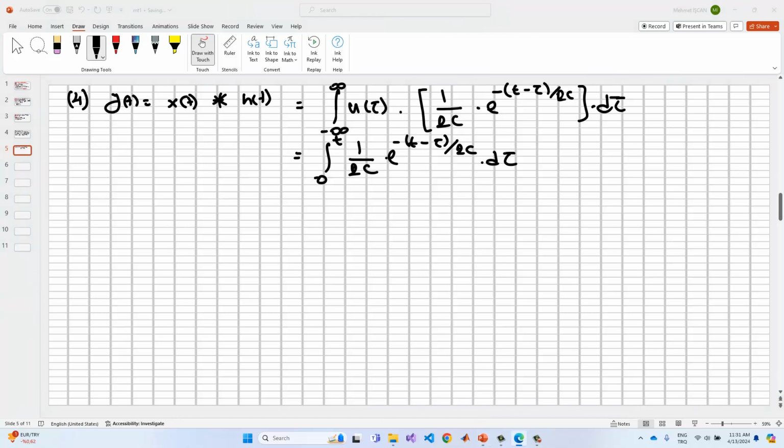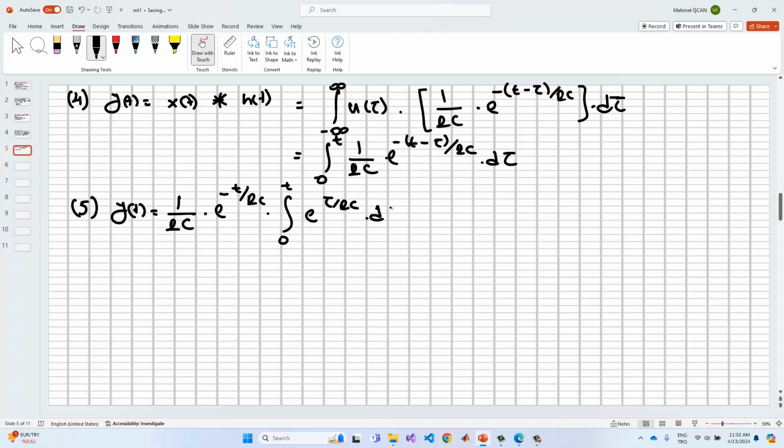In the convolution integral. Okay, and so in the next step we should write that y(t) can be simplified as 1/RC. This is the constant term, e to the minus t divided by RC, because it's independent of the tau value, from 0 to t, and so e to the tau over RC d tau.